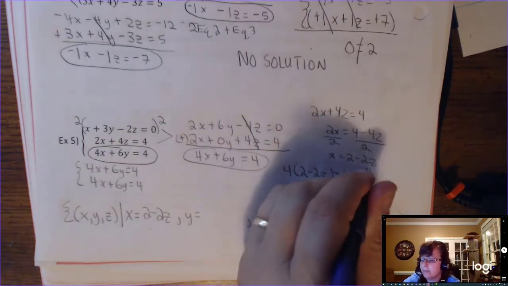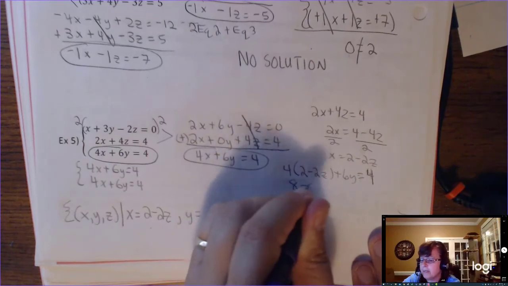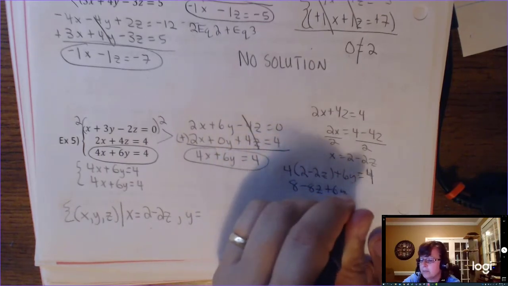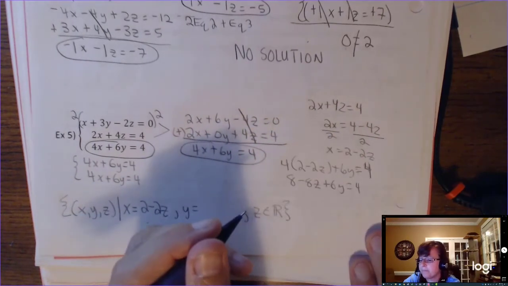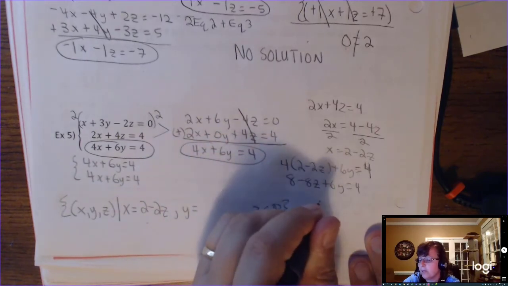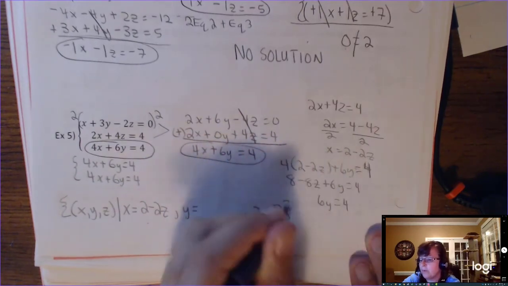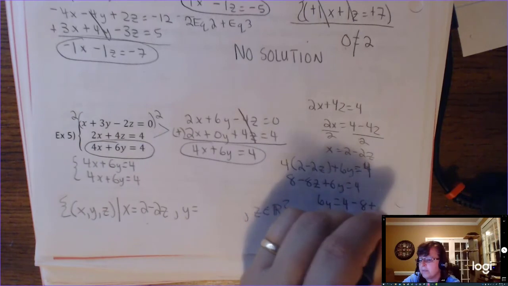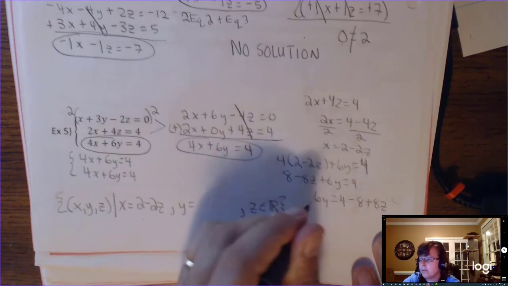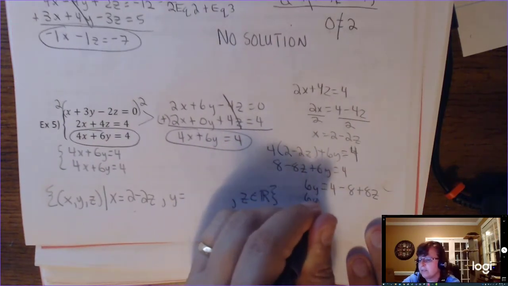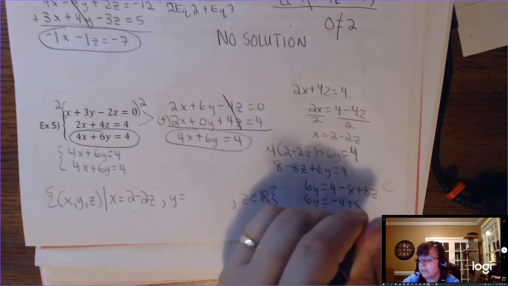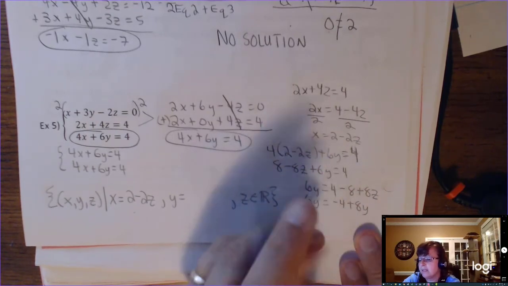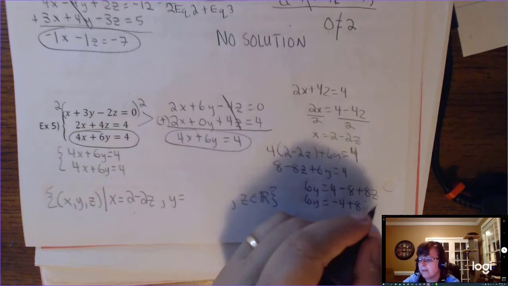So I have to distribute: 8 minus 8z plus 6y equals 4. And I'm going to solve for y. So 6y equals 4 minus 8 plus 8z if I move those two terms over. So that's 6y equals negative 4 plus 8z.